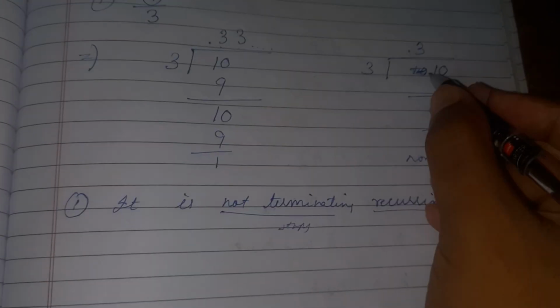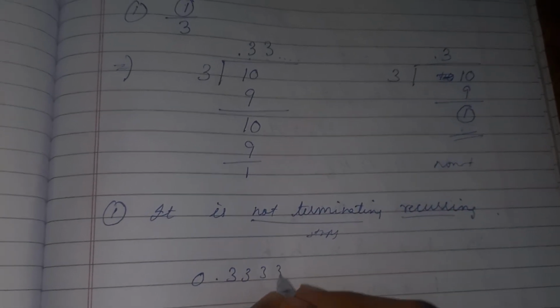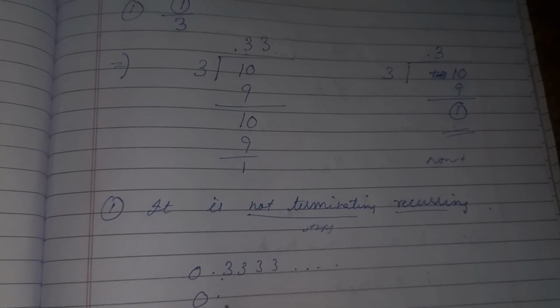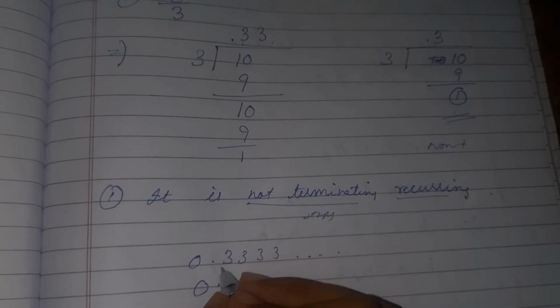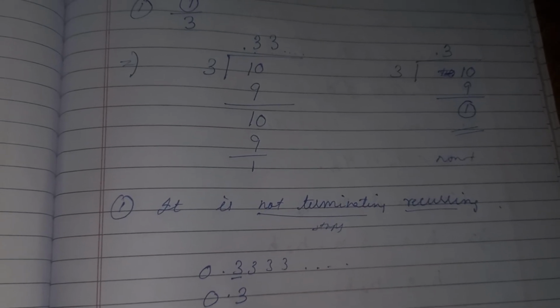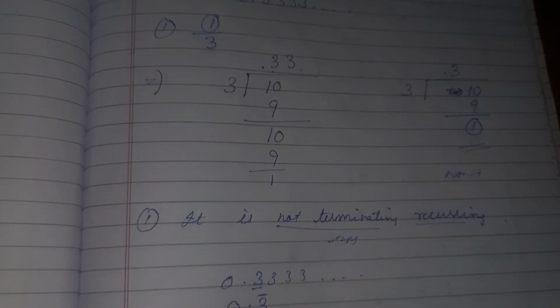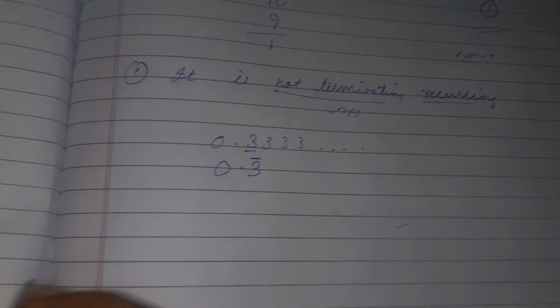So here we will get the quotient as 0.3333. In order to represent these repeated numbers, we will see the order of repetition. Here only 3 is repeating, so we will write 0.3, and on top of 3 we will give a bar, and it represents that 3 is repeating.